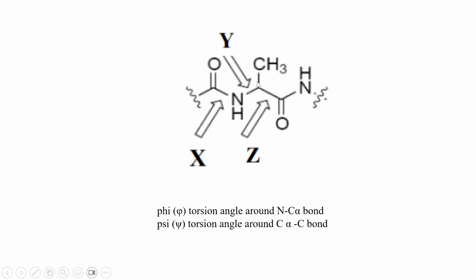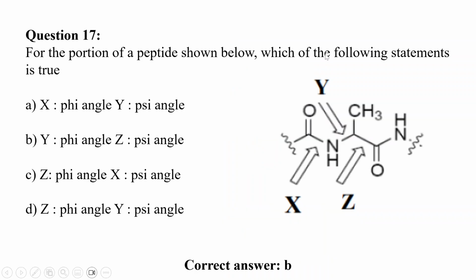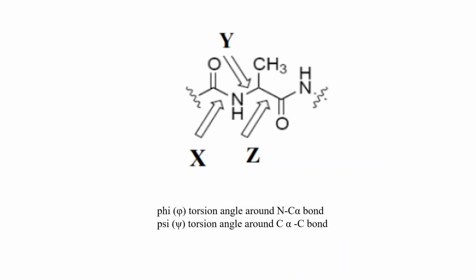And the torsional angle between C alpha and the carboxylic carbon is called the psi angle, which is labeled by Z. Okay, so the correct answer is B, Y is the phi angle and Z is the psi angle. I hope this is clear.